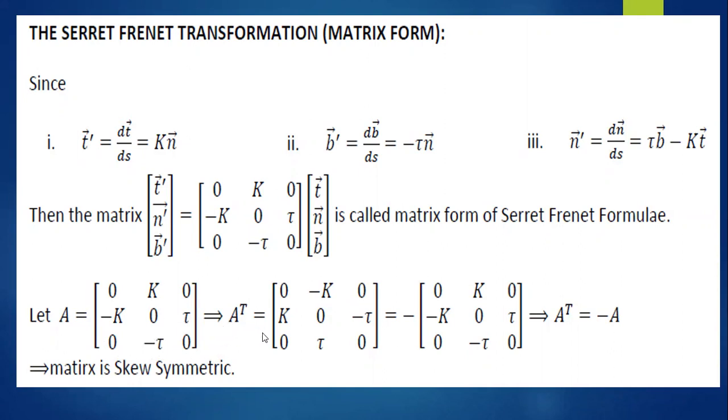Then A transpose, interchanging the rows and columns, is equal to minus A. So the matrix is skew symmetric. I hope you understand the Serret-Frenet theorem and its matrix form. This is the end of the lecture on this topic.